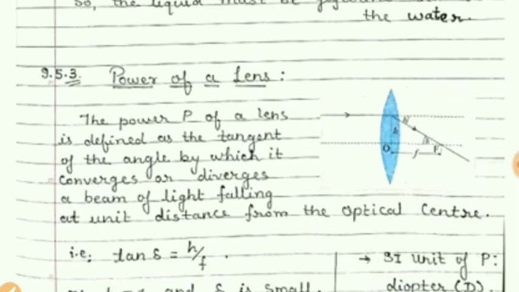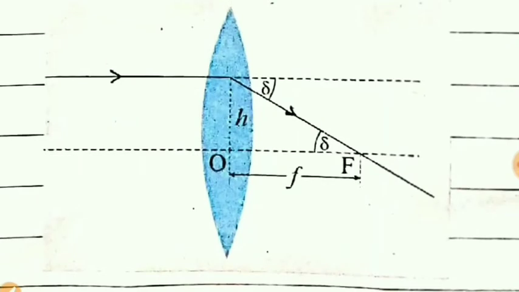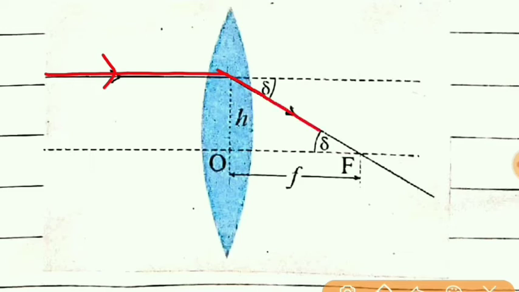Now in the figure you can see that this is an incident ray. As it is parallel to the principal axis, after refraction it will pass through the focus. This we have already studied.